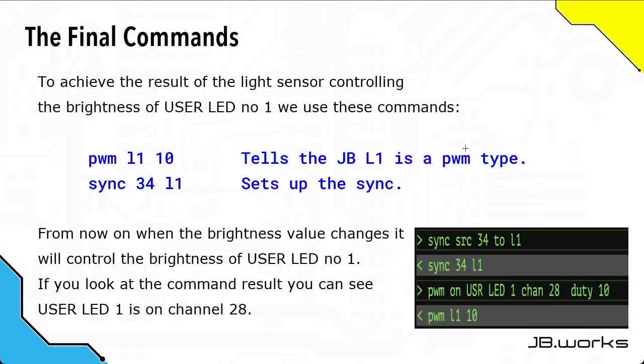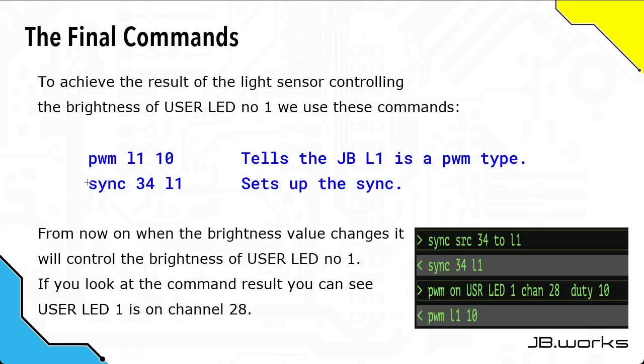And this brings us to our final set of commands. So the first command is pwm L1 space 10, and that basically tells the JackBord that we want to use user LED number 1 as a pulse width modulation controlled channel. And from that point on, you can control the brightness of user LED number 1 using PWM.